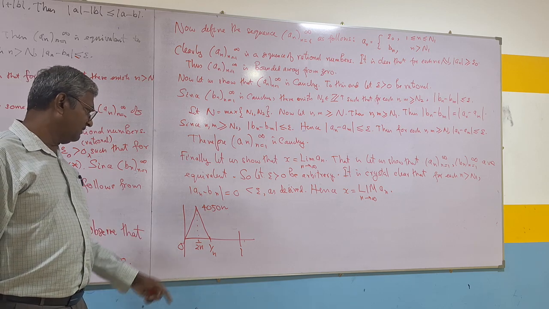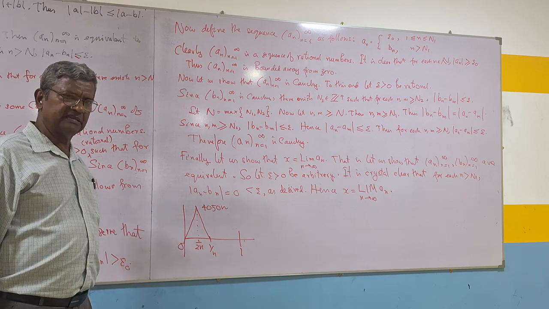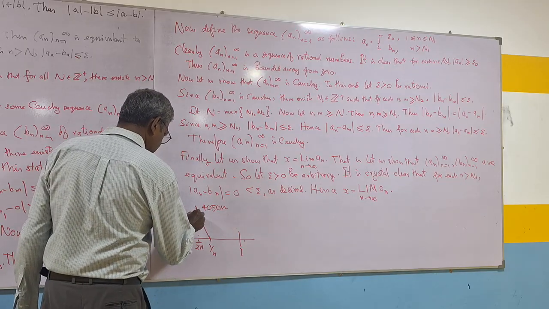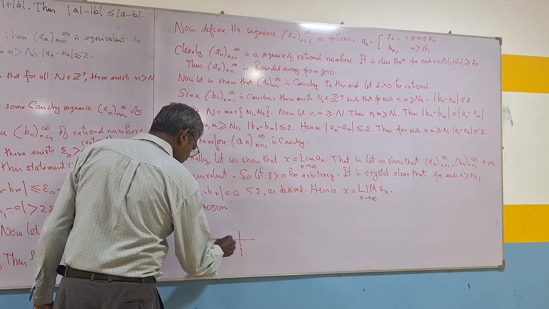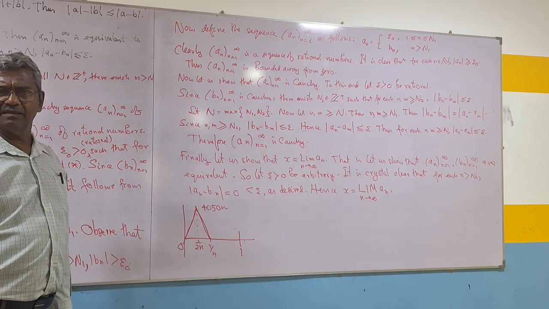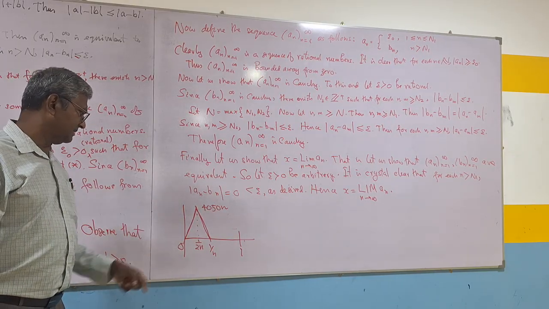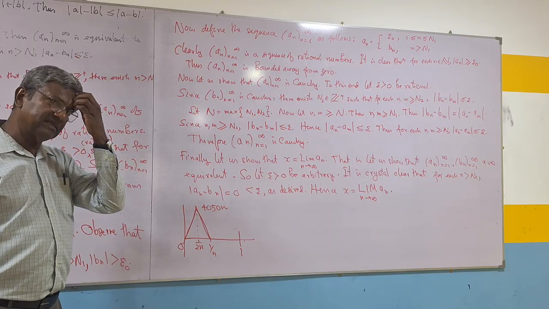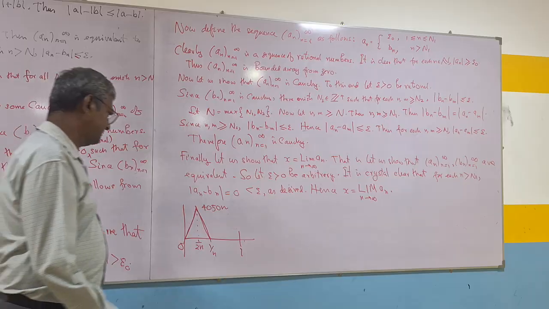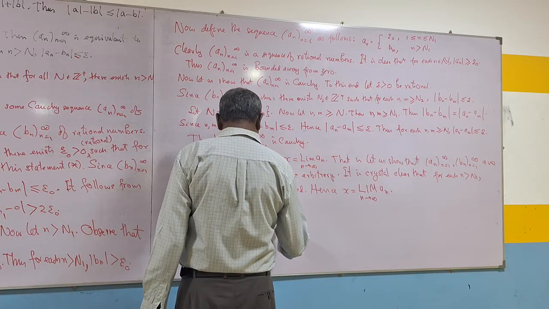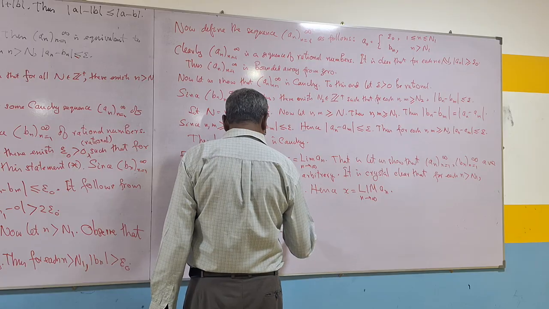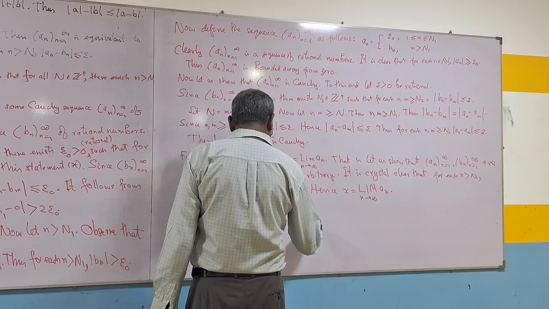So what is the area of this triangle? This is my Fn. I go like this, like this, like this. This is the graph of Fn. What is this area? Area of a triangle is half into base into height. Half, base is 1 over 2n, and height 4050n.